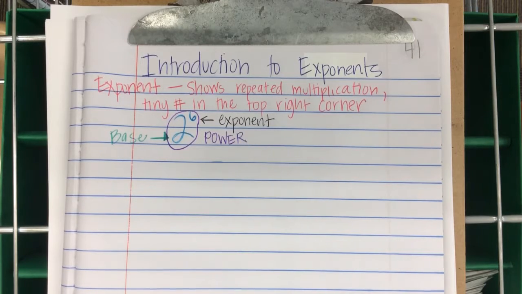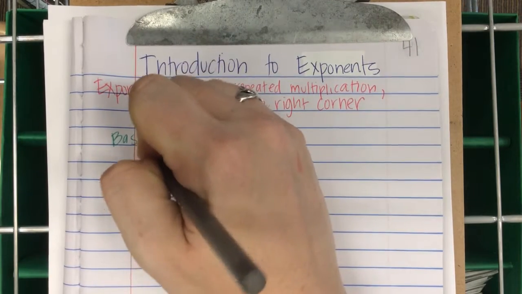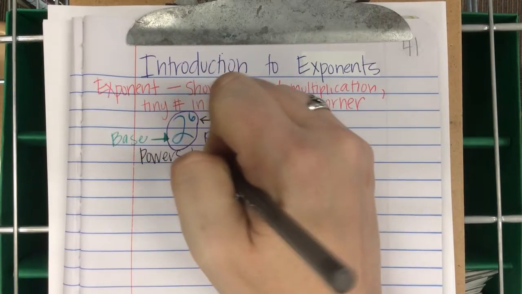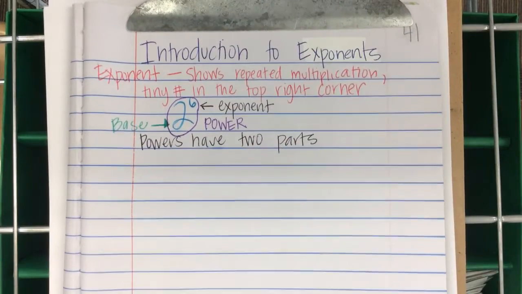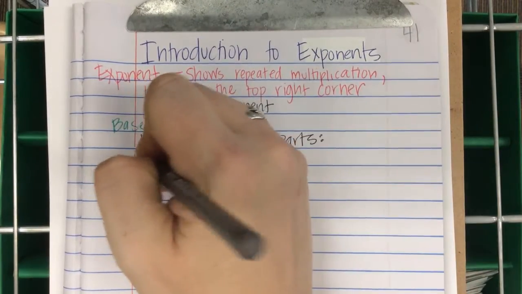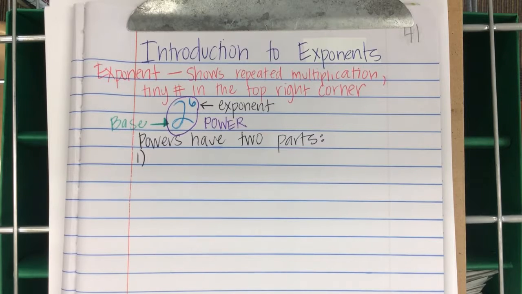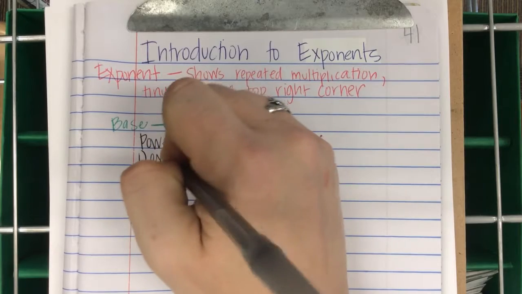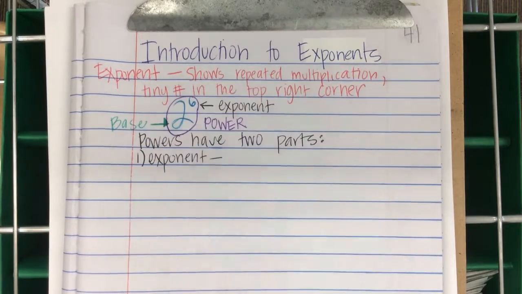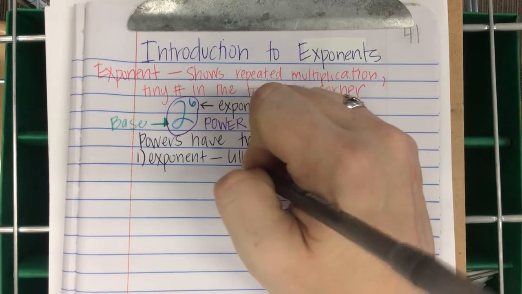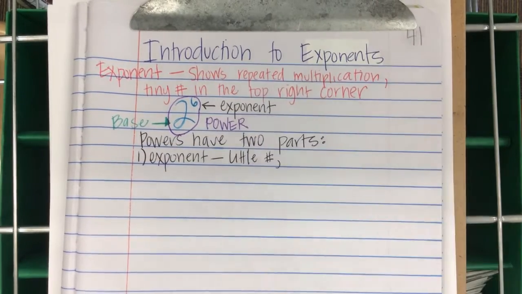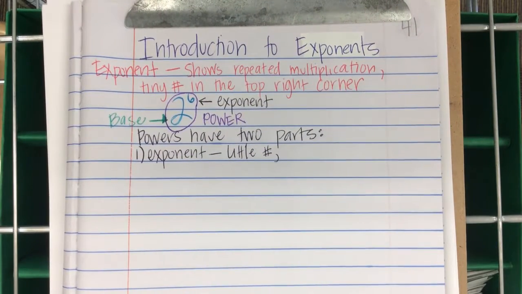So let's define this a little bit. Powers have 2 parts. The first part is the exponent, which is the little number. And what does that 2 to the 6th mean?